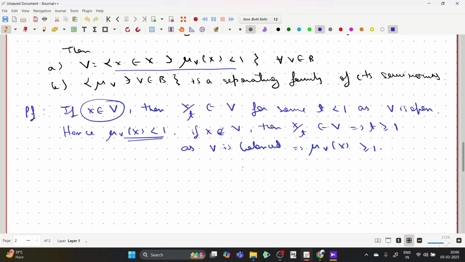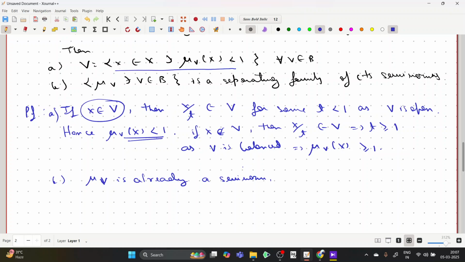Now part B is actually very easy to prove. See, mu V is already a seminorm, right? We have already seen it is a seminorm because we are given a convex balanced neighborhood.